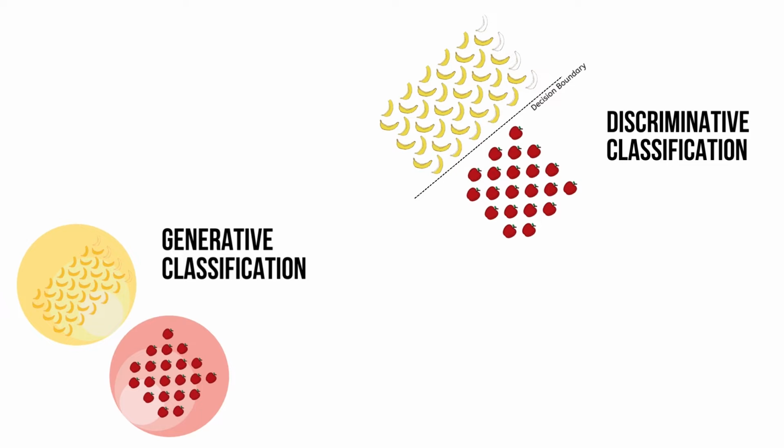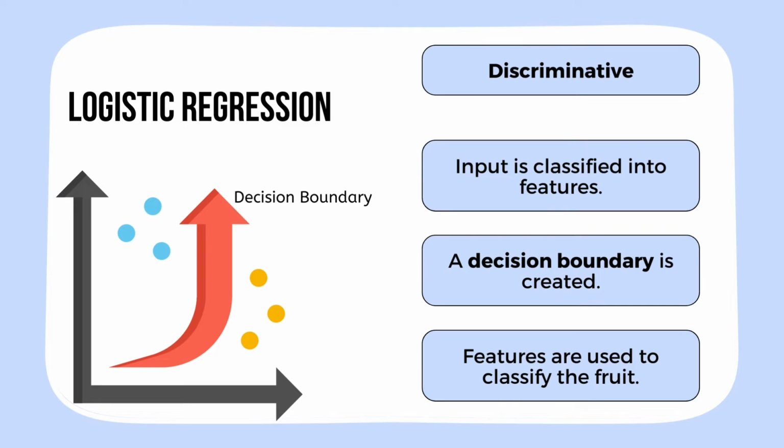Now that we've introduced the concepts, let's explore them in more depth. To better grasp these concepts, we're going to discuss specific algorithms that employ these two types of classification. For discriminative classification, we're looking at logistic regression as an example. And for generative classification, our example will be the naive Bayes algorithm. So, in the realm of discriminative classification, logistic regression creates a decision boundary based on the features of the input.